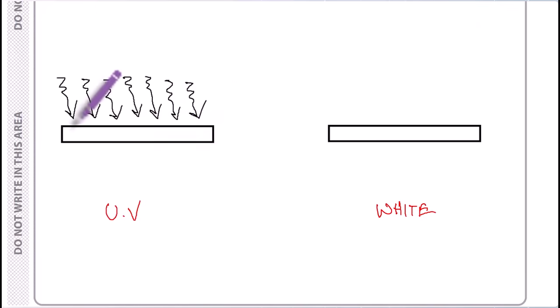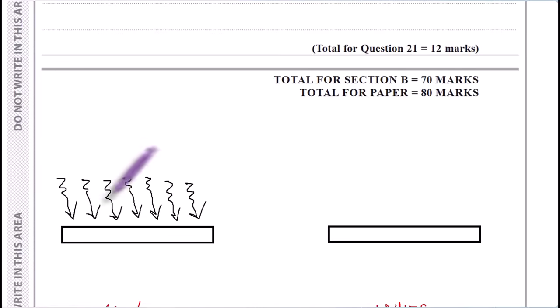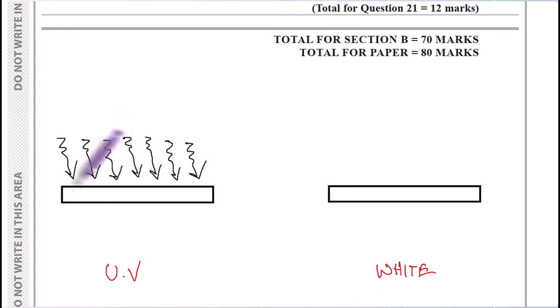All of these photons have a frequency greater than the frequency of green light, which is the threshold frequency. So all of these photons, when it comes to UV, can cause photoelectric emission, or release electrons, the more appropriate term. So all of these will cause the emission of electrons.